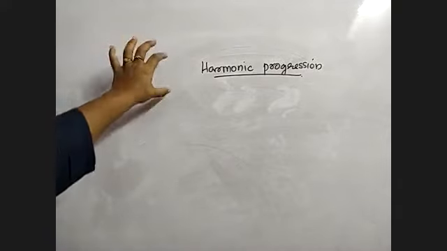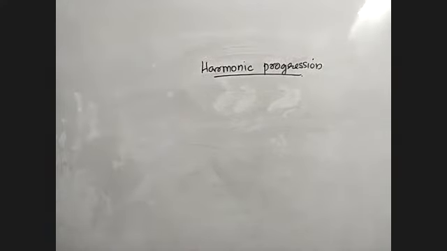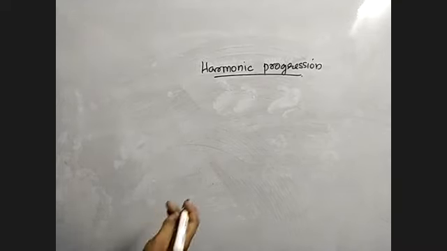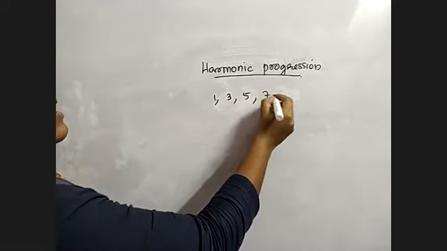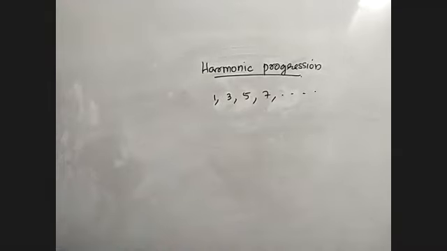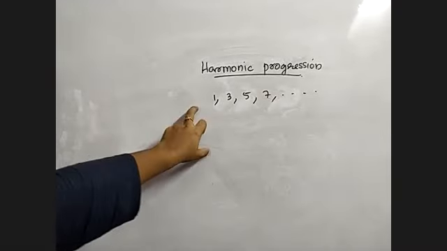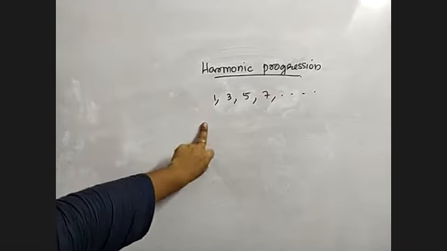So understand now what a harmonic progression is and what its mean is. Suppose 1, 3, 5, 7, etc. are some numbers. Is this an AP or GP? AP.